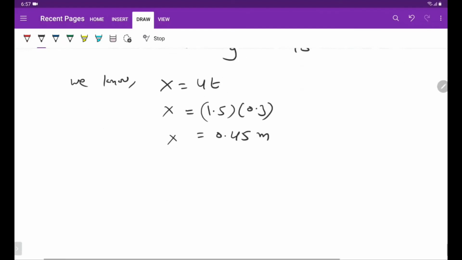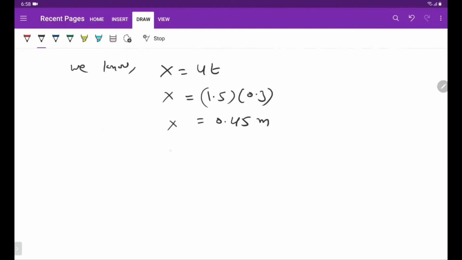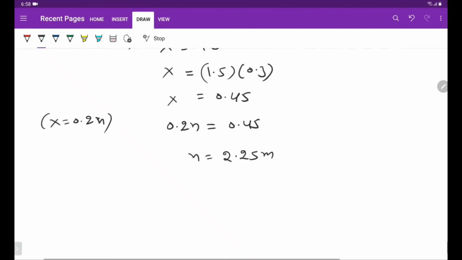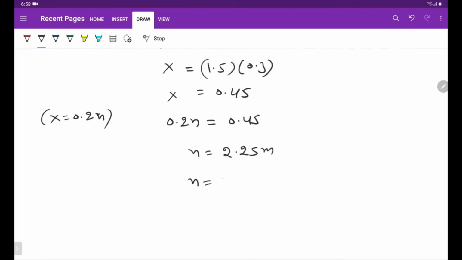We already know x is 0.2 times n, so 0.2n is equal to 0.45 meters. Now n is equal to 2.25. So approximately, not exactly, it will hit the third step.